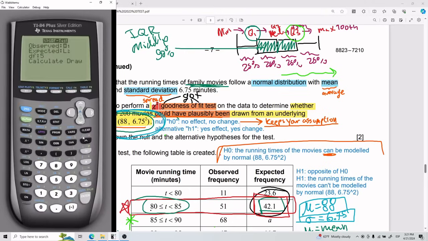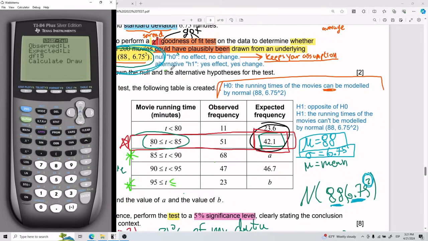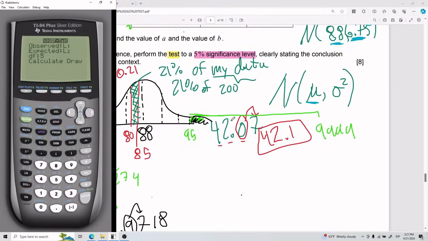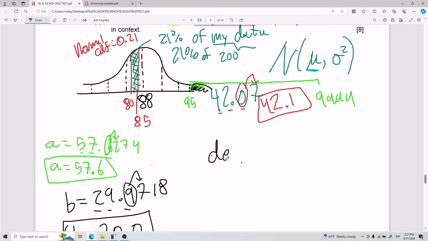I press over here, and it's asking for observed, it's asking for expected in my list, and df. df is probably the only weird thing that shows up for us. df is what they call degrees of freedom. Technically, it's really just the dimensions of your table.